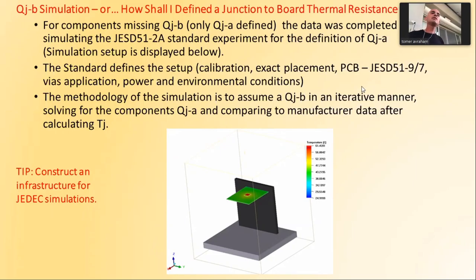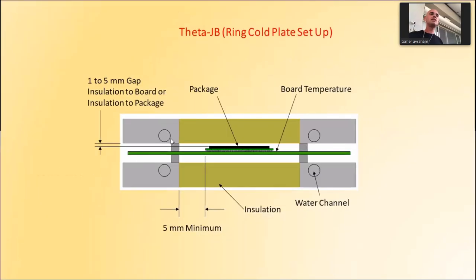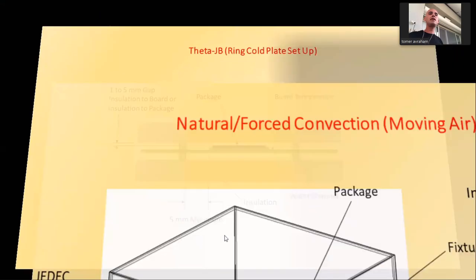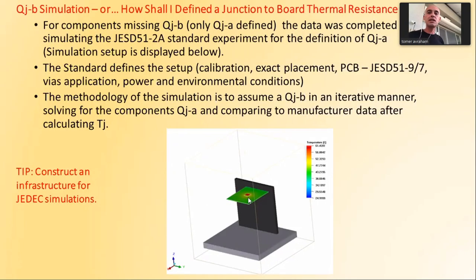What you see here is utilizing simulation. This one is done with IcePack, utilizing the same simulation we did here. Okay, for theta J, we have a theta JA, and we want to extract exactly according to the JEDEC placement, the theta JB.